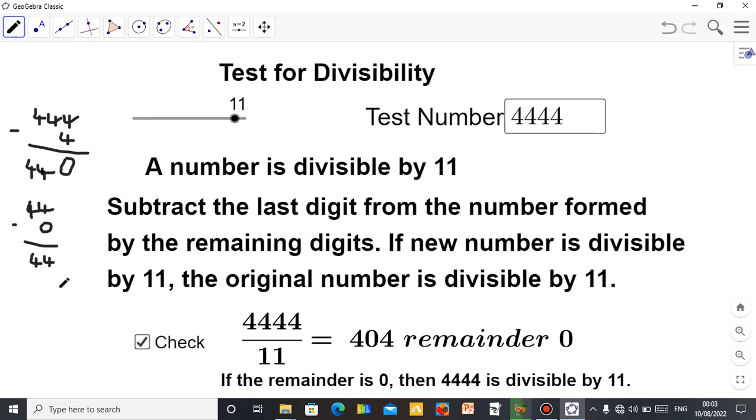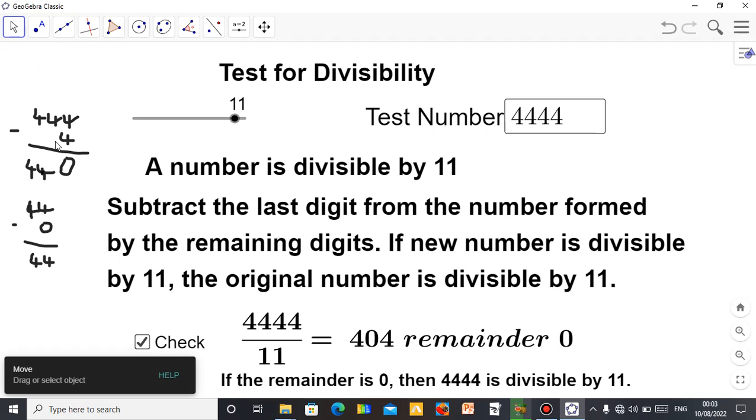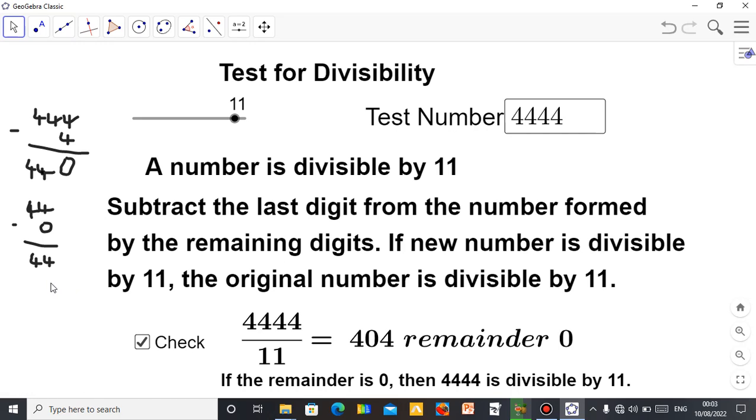So 44 is divisible by 11. Therefore 4,444 is divisible by 11, and during the check, you can see the remainder is 0. So this is how you can check if a number is divisible by 11 or not.